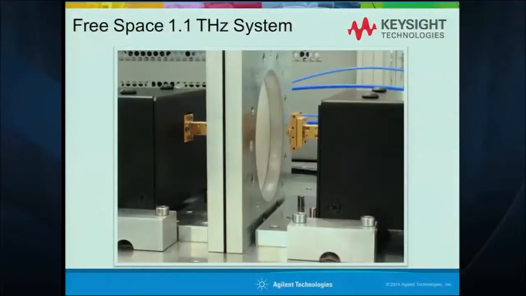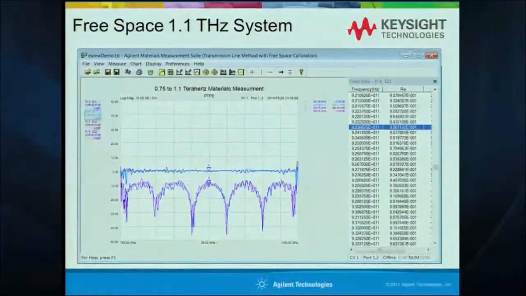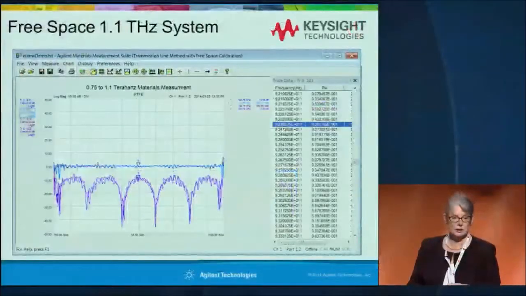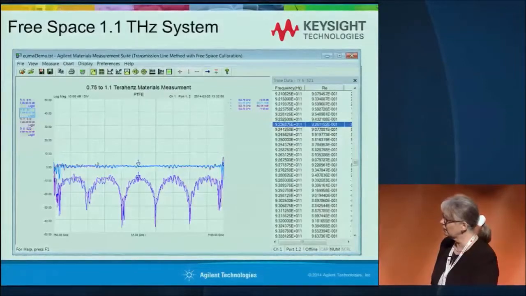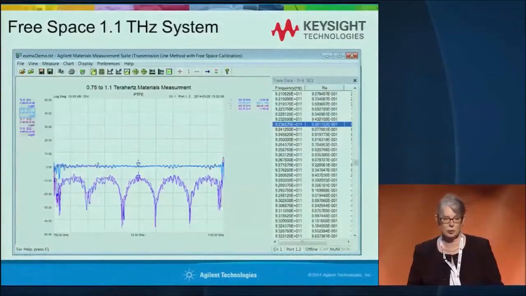All right, this is a close-up of the sample in a little fixture that we made, and these are the antennas here. You can see it's very close together because we needed to get it close to get the transmission through. And here's the result. So this is S parameters first. The top blue line is the transmission through the material. And the scallopy lines at the bottom are the reflections, S11 and S22.